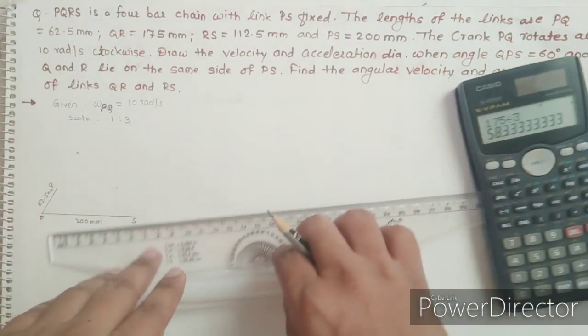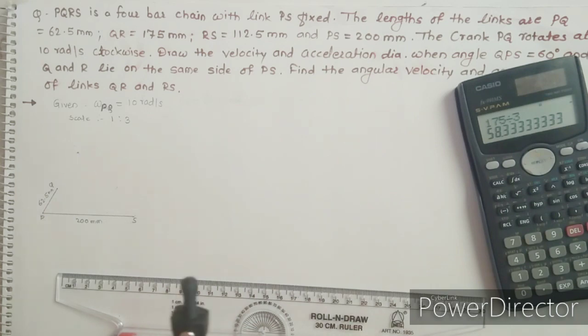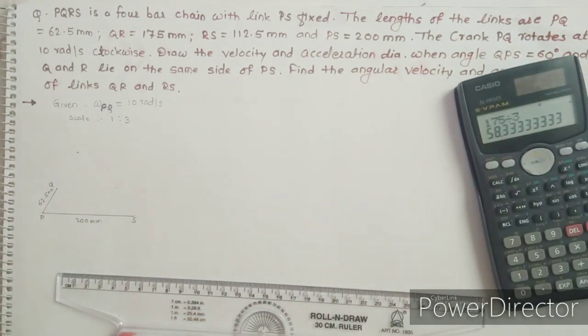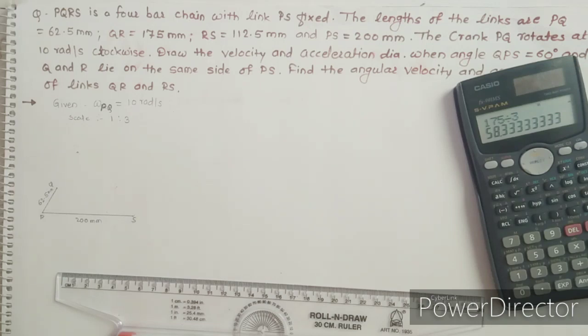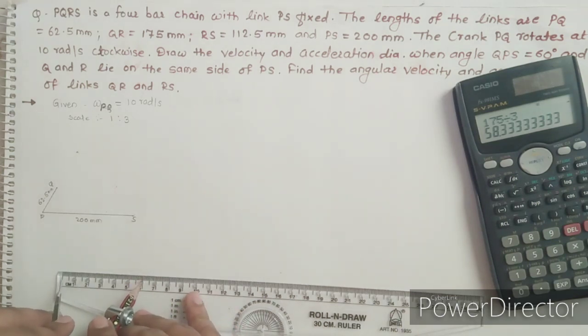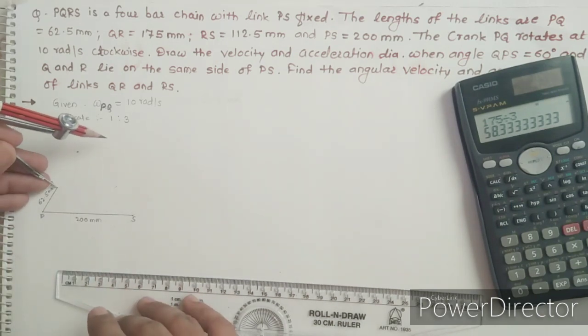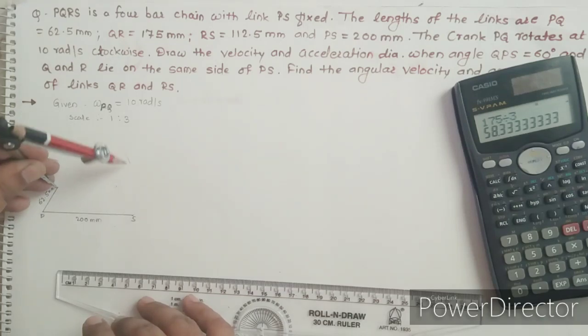We don't have an angle, so we have to take the 5.8 centimeter dimension in a compass and make an arc.